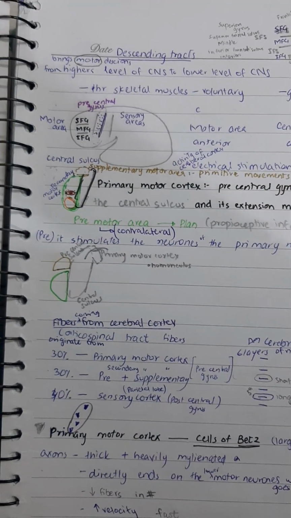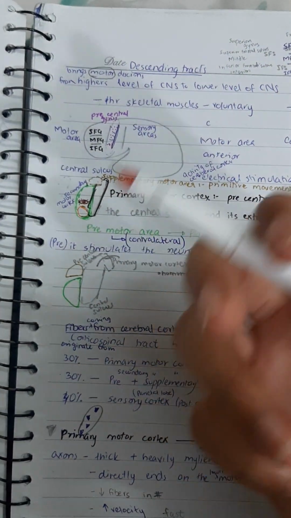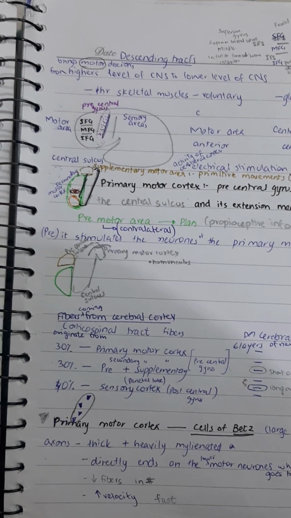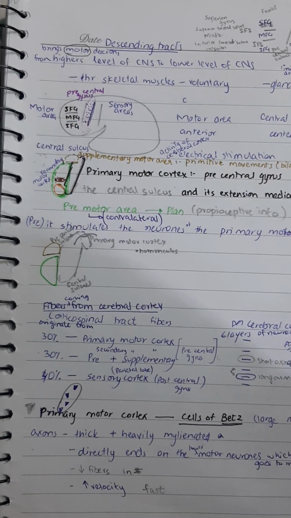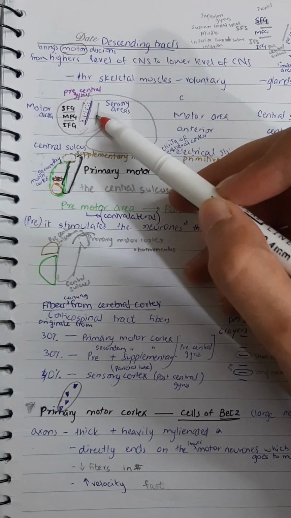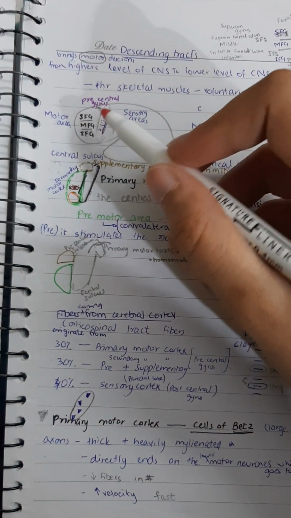All right. In between the central sulcus and the precentral sulcus there is an elevation, and that elevation is known as your precentral gyrus. In between your central sulcus and your postcentral sulcus, that elevation is known as the postcentral gyrus.